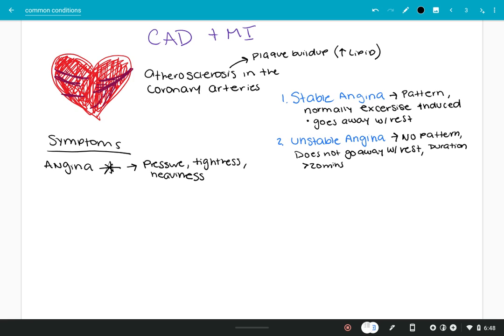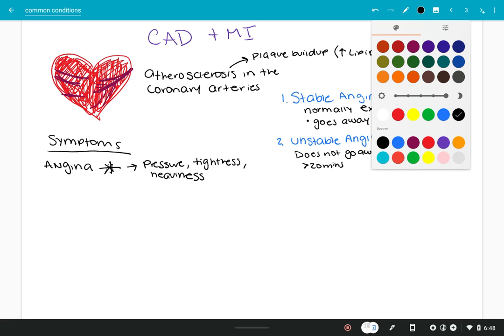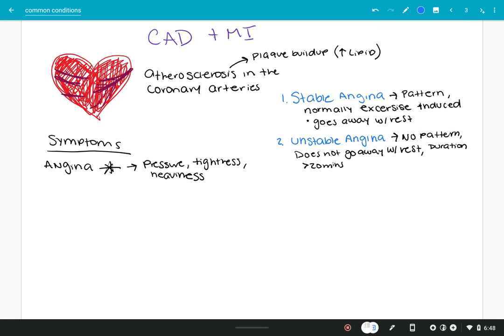Okay. And then the third type that we're going to talk about is Prinzmetal angina. This is not necessarily caused by atherosclerosis. It's actually just a vasospasm of the coronary artery.